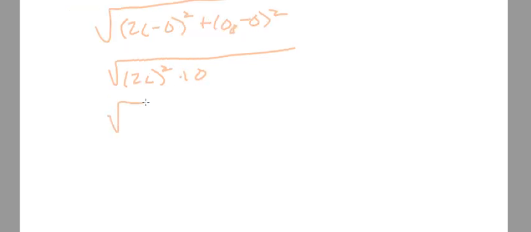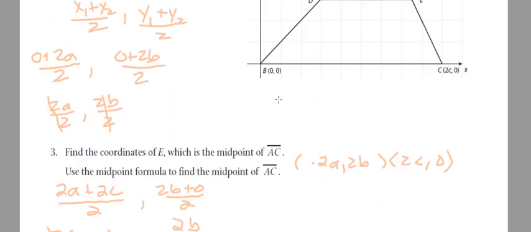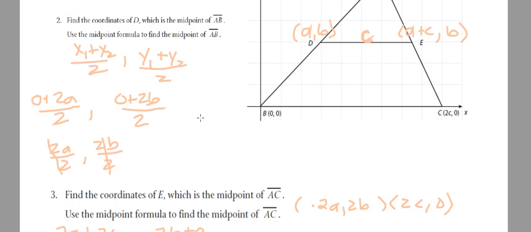Well, when I have a squared out here, I need to square both things. So this is 4c squared. Square root of 4 is 2. Square root of c squared is c. So I have figured out indeed that my length BC is 2c.